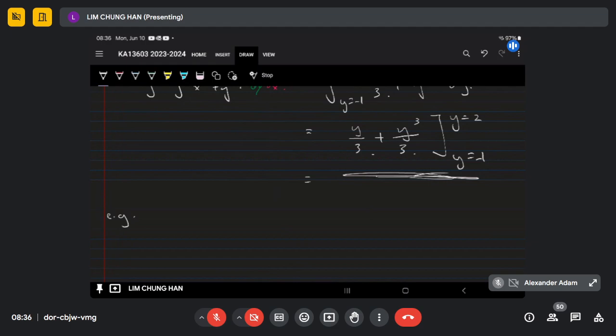So the next example is very important. I have another integration here. And then I give you the regions.